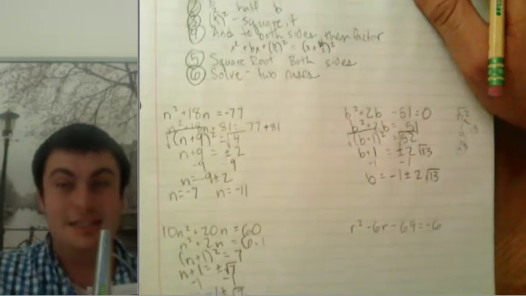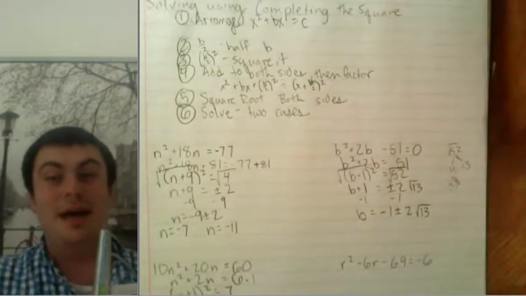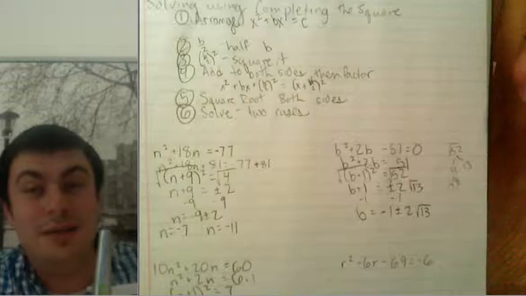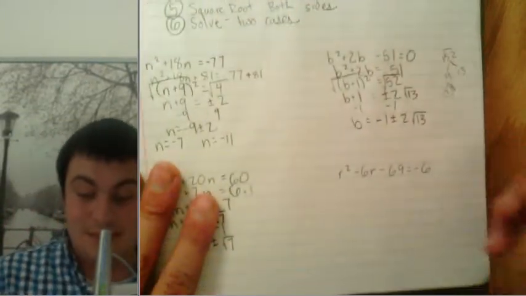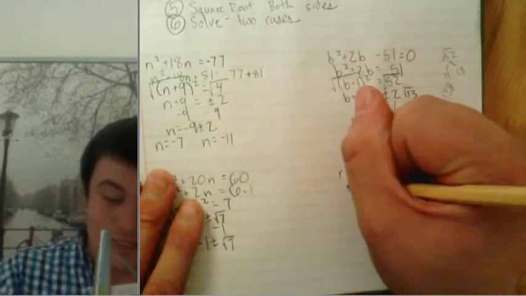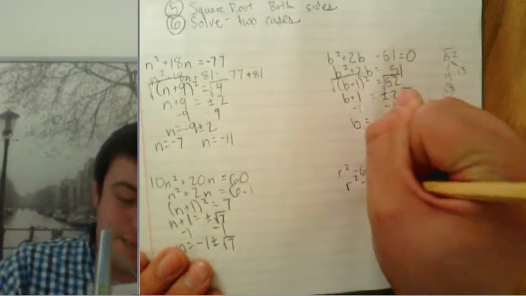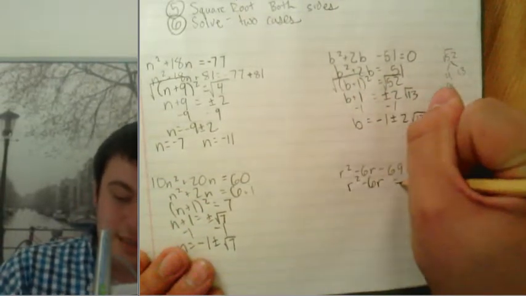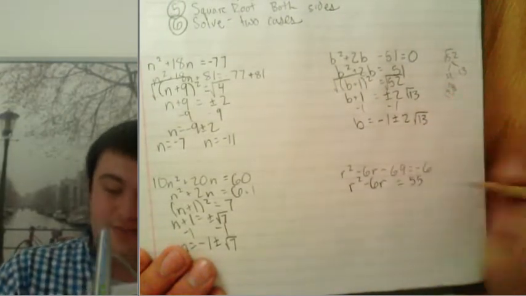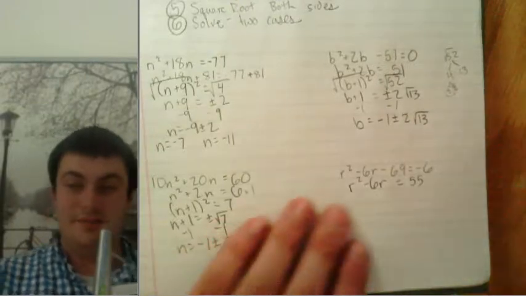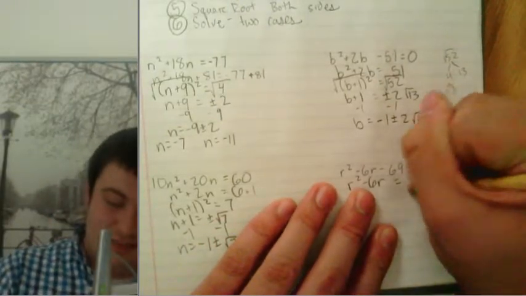So I'm going to bring these steps back up and try and come back and forth. So we need to arrange so that we have x squared plus bx equaling c. So I'm going to have to add 69 to both sides, and I'll get r squared minus 6r equaling now a positive 63. Sorry, not 55, 63.